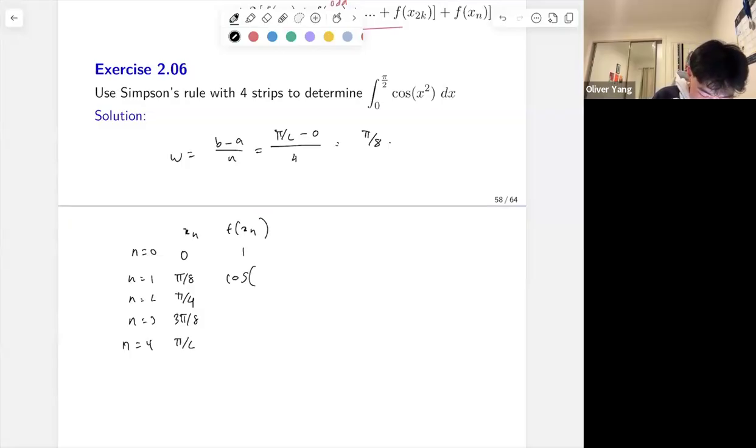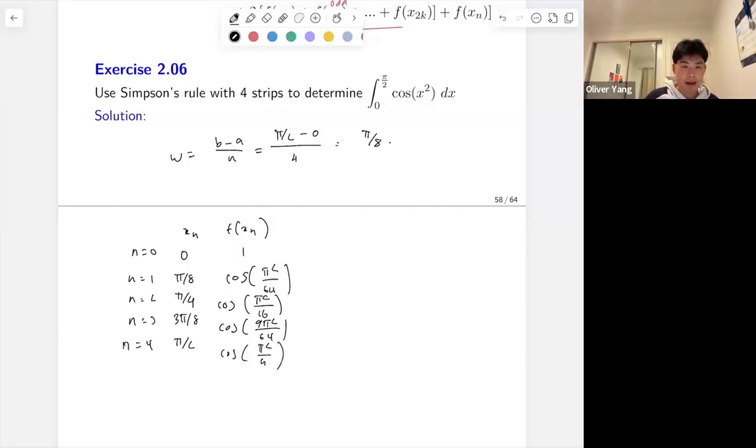Because I cannot do this in my head. So we need cos of pi squared on 64, cos of pi squared on 16, cos of 9 pi squared on 64, and cos of pi squared on 4.